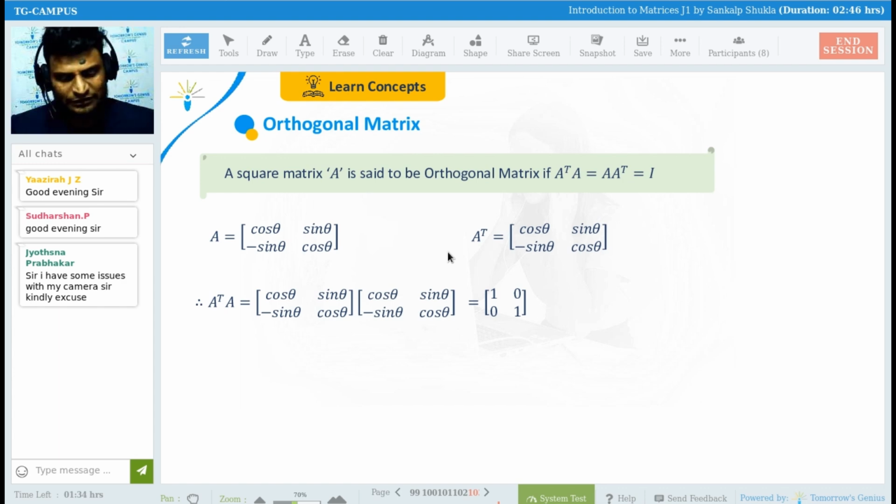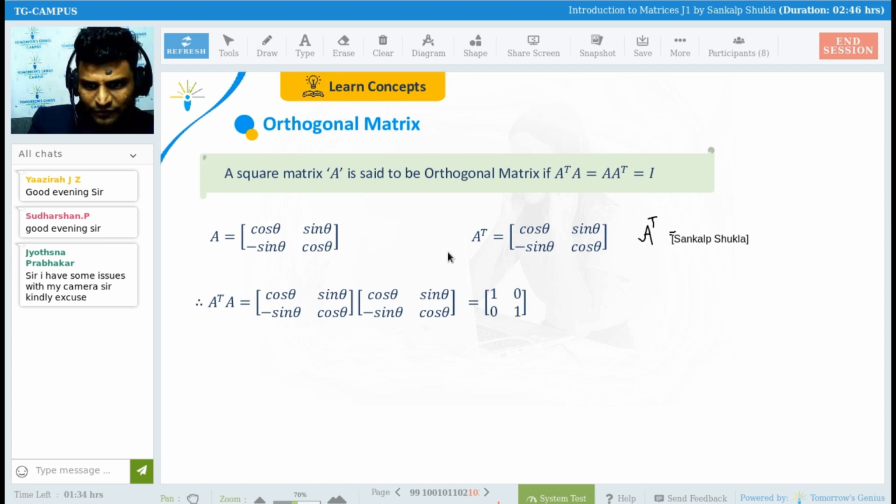No, the multiplication is right, but actually there is this problem. This is not A transpose. There must have been a typing error. That's not an issue. Fine, we can do this question. See how we are going to do that.